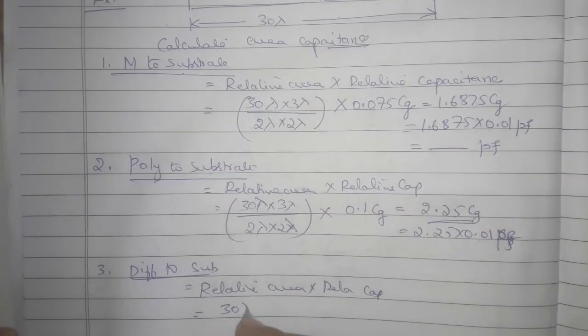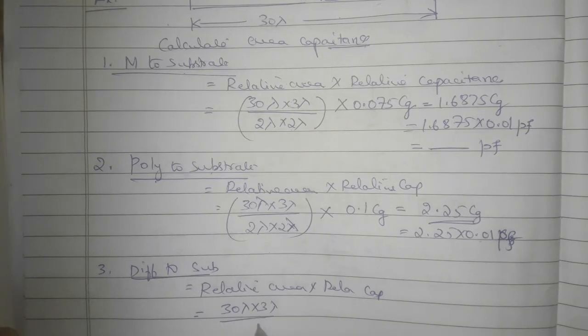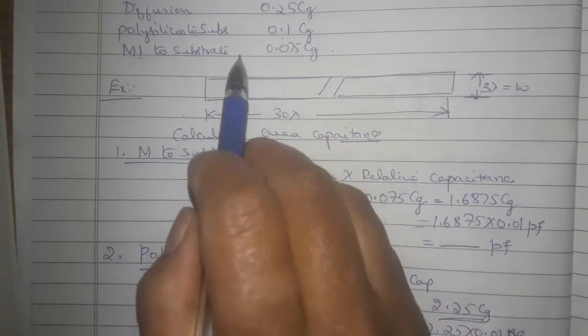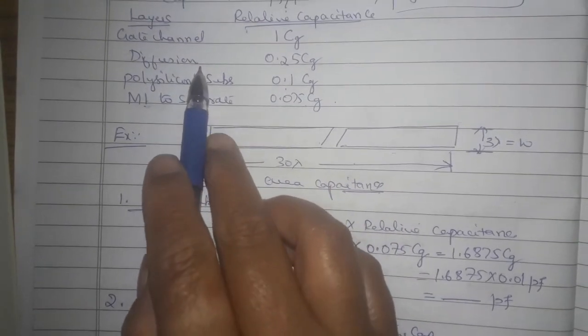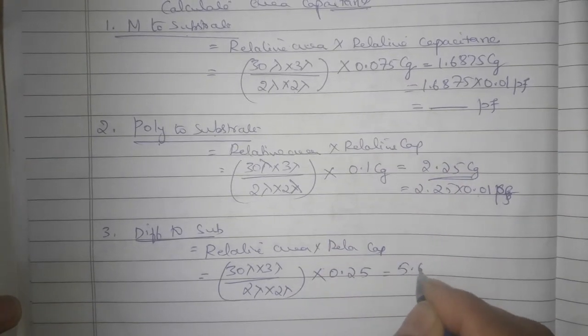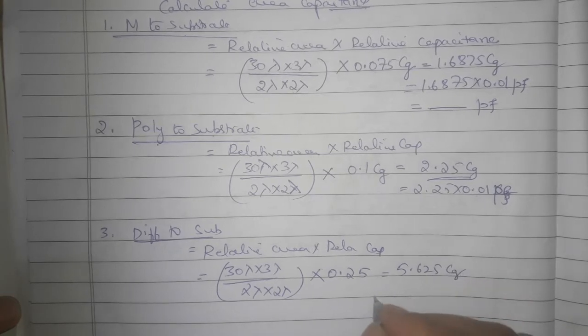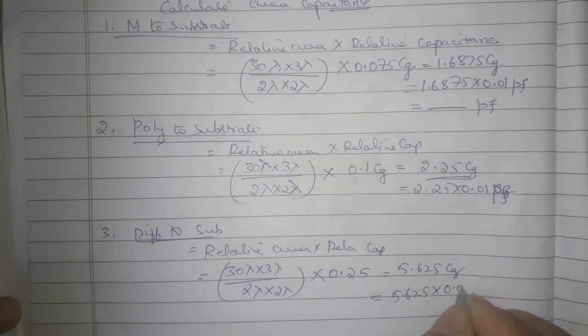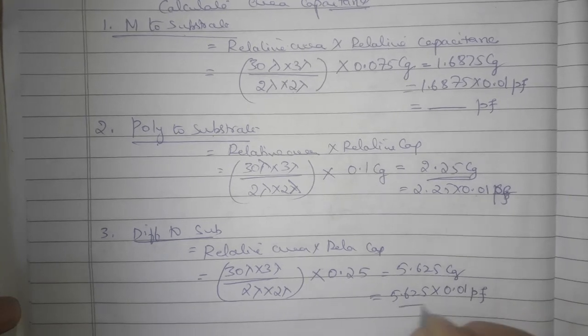So it is 30 lambda by 3 lambda divided by 2 lambda by 2 lambda, into the relative capacitance for diffusion, 0.25 Cg. This becomes 5.625 Cg, that is 5.625 into 0.01 picofarad.